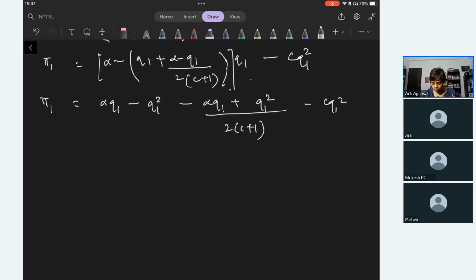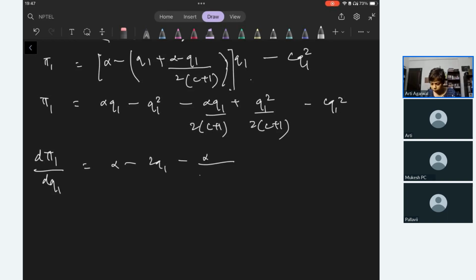Minus. Let me rewrite it. Now let's do d pi 1 by d Q1. Okay, so you can just collect the terms.